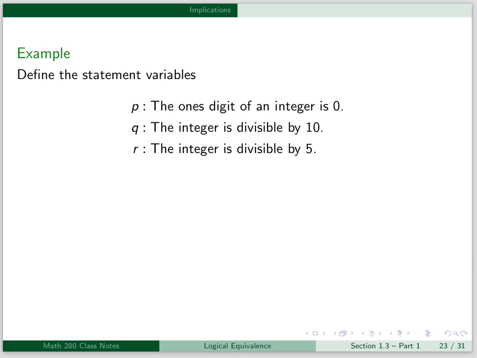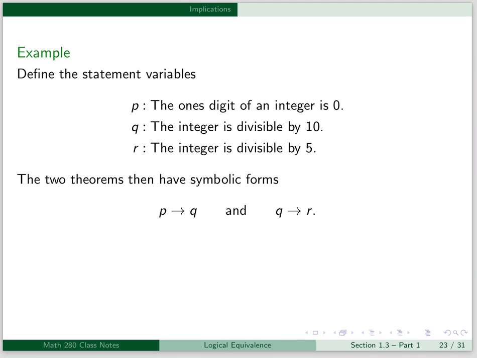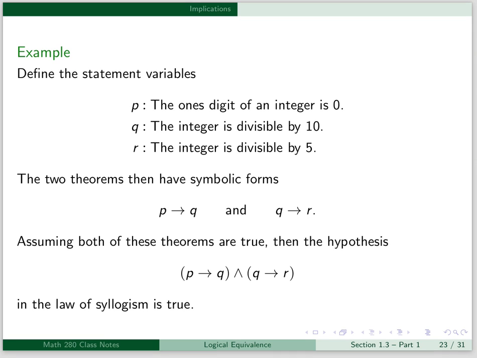First, define the statement variables. P is the ones digit of an integer is 0. Q is the integer is divisible by 10. R is the integer is divisible by 5. The two theorems then have symbolic forms, P implies Q and Q implies R. Assuming both of these theorems are true, then the hypothesis, P implies Q and Q implies R, in the law of syllogism is true.